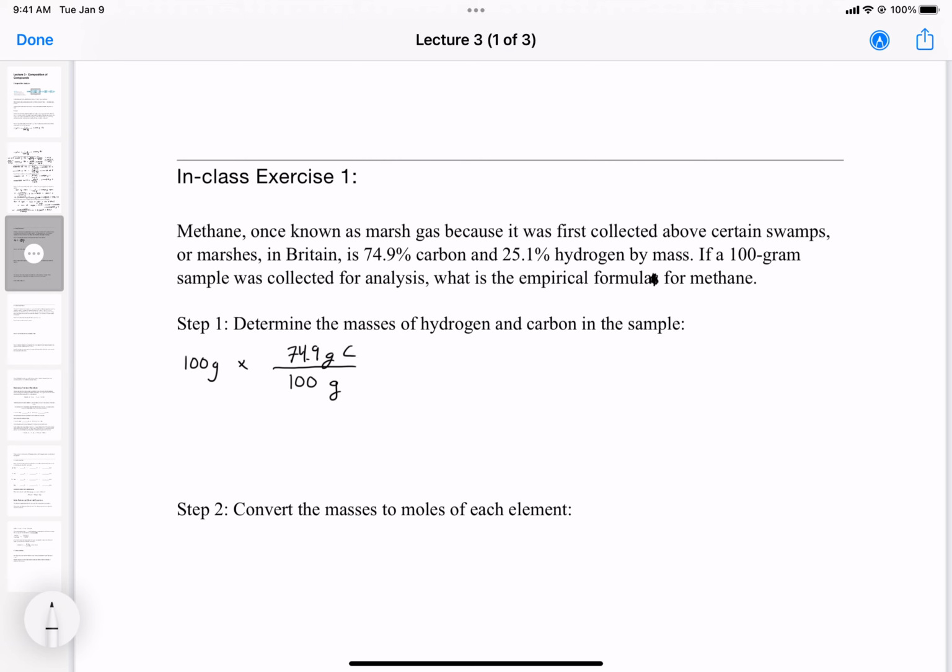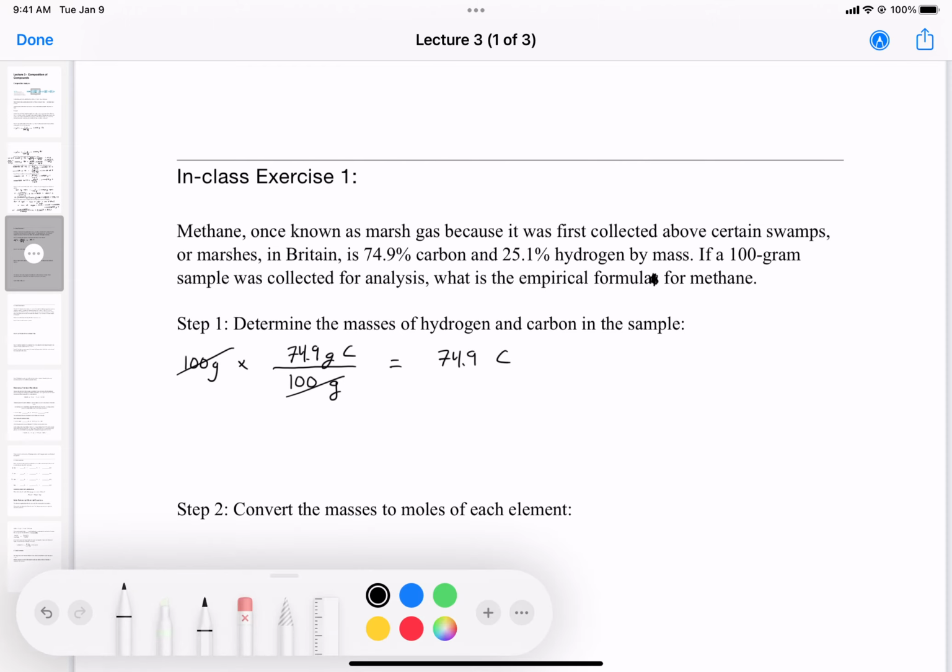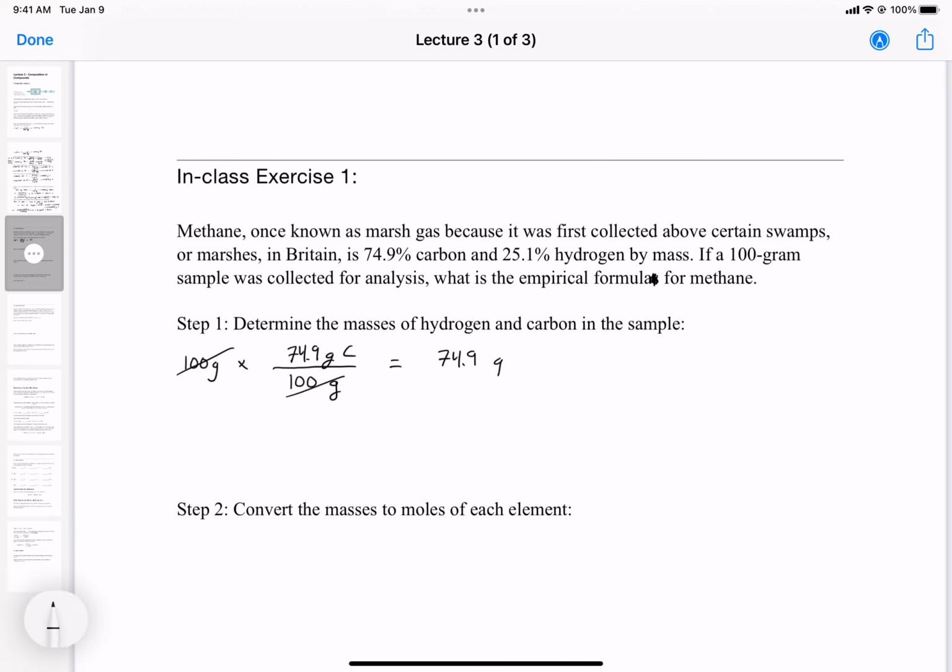These numbers will cross out, and we get 74.9 grams of carbon. Okay? So we do the same thing for hydrogen.